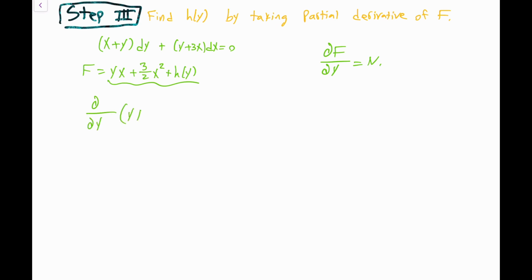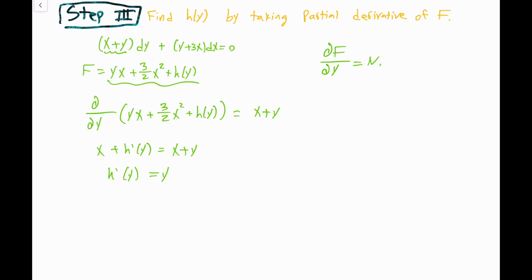So the partial of yx plus 3 over 2 x squared plus h of y is equal to N. So this x plus y is N. So on the left-hand side, we get an x. It's a partial derivative, so x is treated as a constant. So x plus 0 plus h prime of y is equal to x plus y. The x's drop out. h prime of y is equal to y.